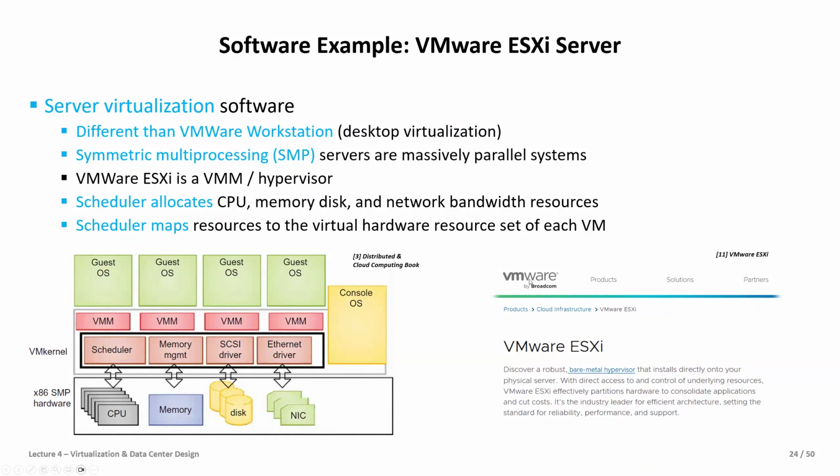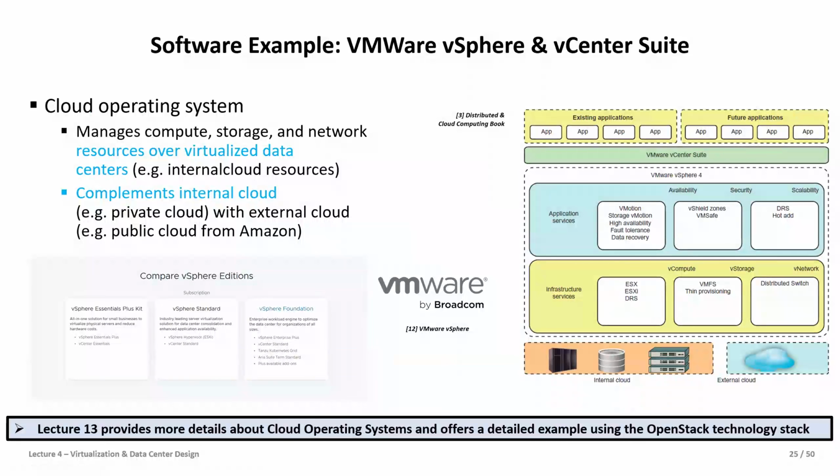You can read about this a bit more on VMware here. And there are different solutions for different problems. You see vSphere is also very similar to the one we have seen there. It also offers a vCenter suite, where you basically have for a data center all you need.